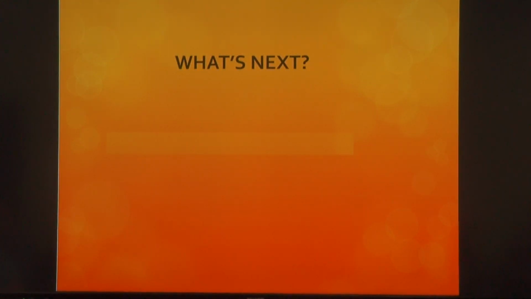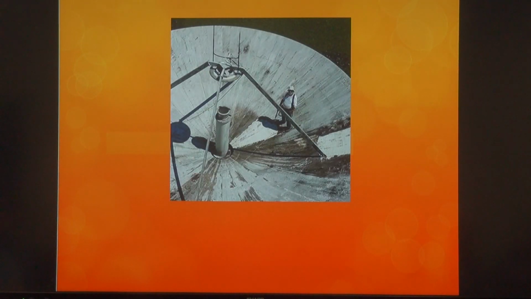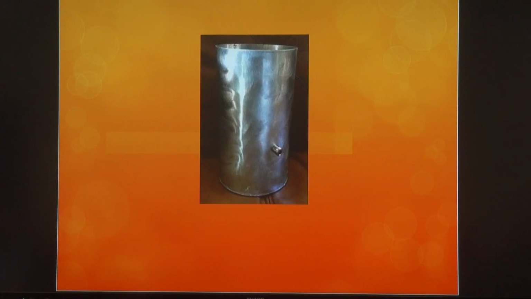So, what's next? Well, being involved with this, I got involved with a guy who had access to a 30-meter dish, okay? I wash dishes, remember? So I'm inside the 30-meter dish cleaning it up, which had not been used in a long time.